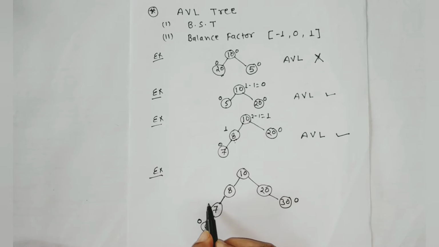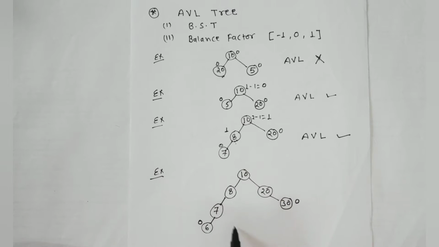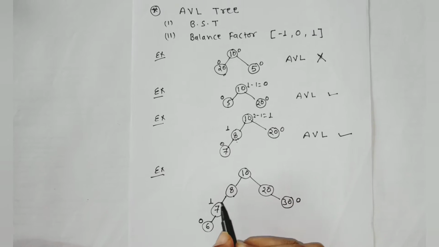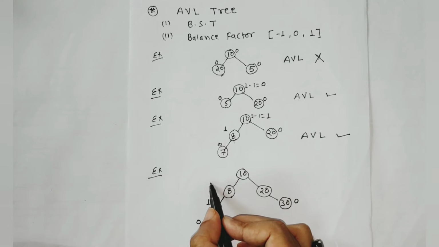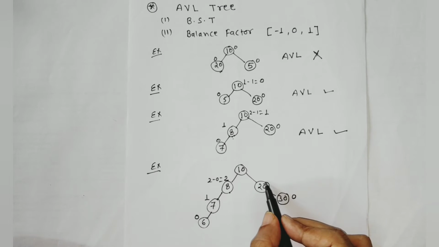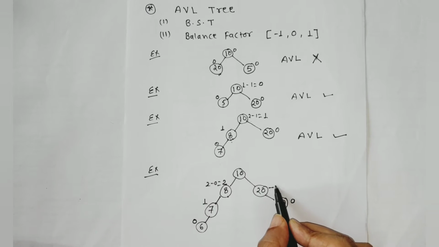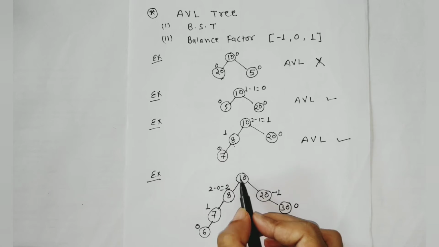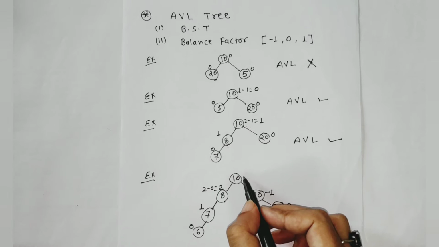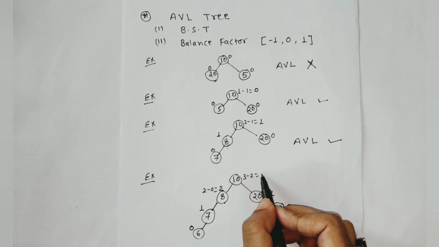Now for 7 the balance factor will be 1 because 1 minus 0. For 8 we will find the balance factor as 1, 2. So 2 minus 0, the balance factor will be 2. And for this node the balance factor will be minus 1 because 0 minus 1. And the balance factor for 10 will be 1, 2, 3 and 1, 2. So 3 minus 2 is 1.